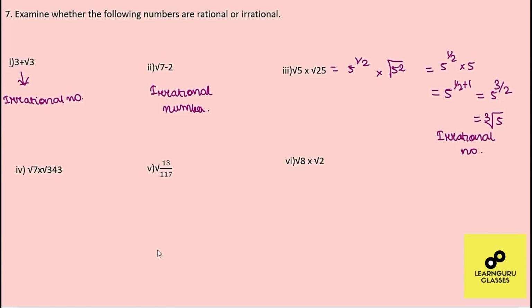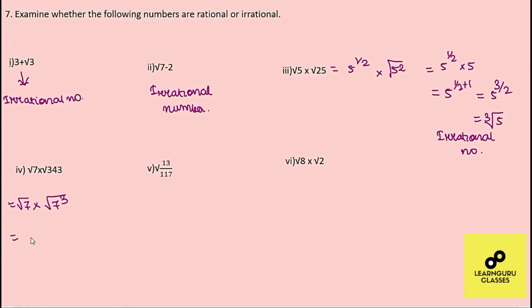Next is root over 7 into root over 343. So root over 7 is an irrational number, and root over 343, let's check. The product of them will yield what? Let's check.